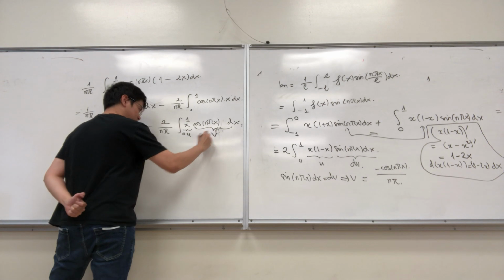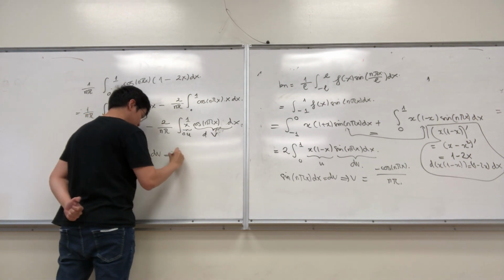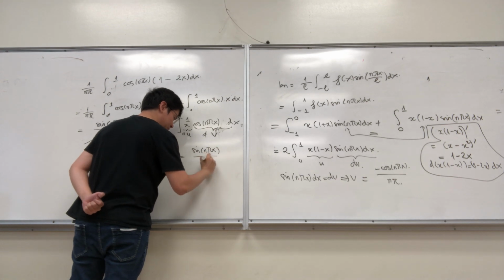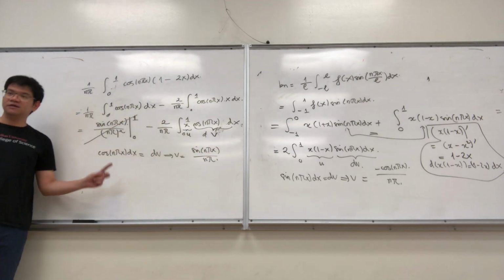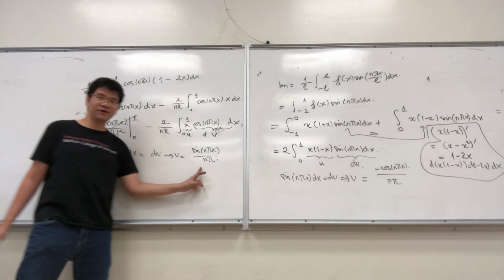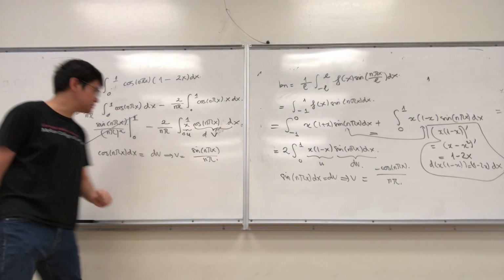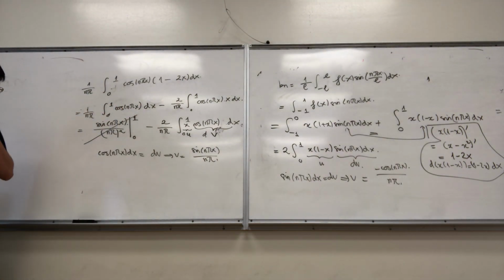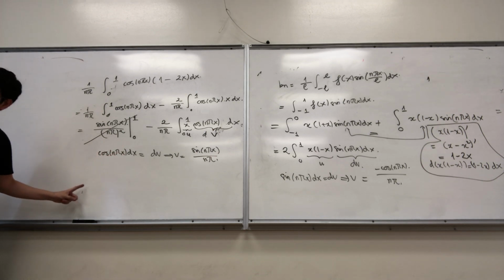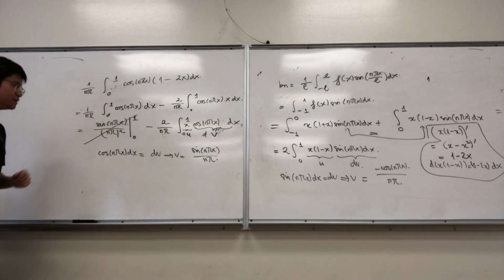So v will be sine of n pi x over n pi, right? So you just take the antiderivative of cosine and you get sine, and don't forget to divide by the factor. Shouldn't it be a negative sign? No, the antiderivative of cosine is sine, and the antiderivative of sine is minus cosine, right?